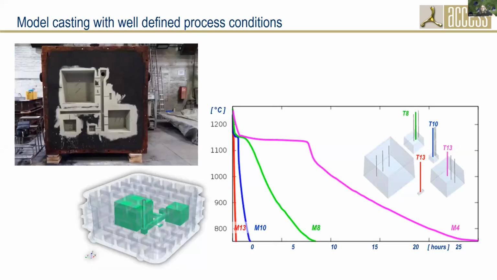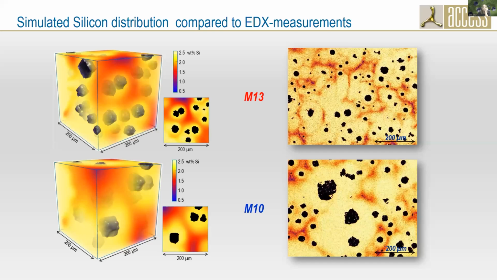The input data for the simulation came from a model casting with well-defined input parameters where we had all the thermal history. So we ran simulations with different cooling curves, and from this we evaluated the silicon distribution maps and compared them to the experimental results.